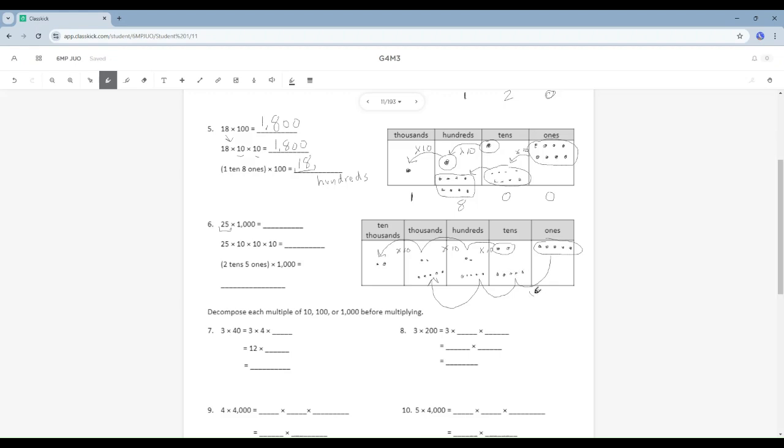Again, every jump I make is 10 times more than the one before it. So I end up with my 2 in the 10,000s place, and my 5 ends up in the thousands place. So 25 times 1,000 is equal to 25,000.